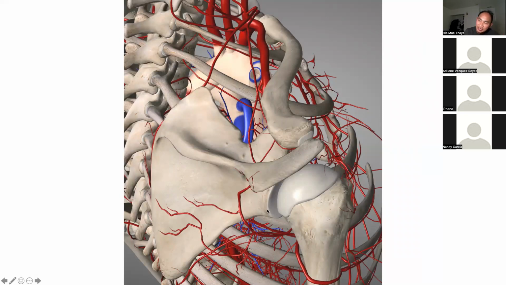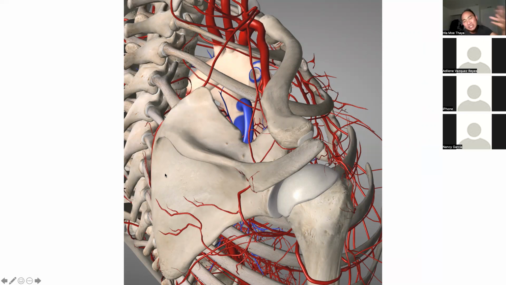We can still see the glenoid and the humeral head. We can see the spine of the scapula, which divides the posterior aspect of the scapula into an upper fossa, which is a little valley, and a lower fossa, which is a much bigger valley.